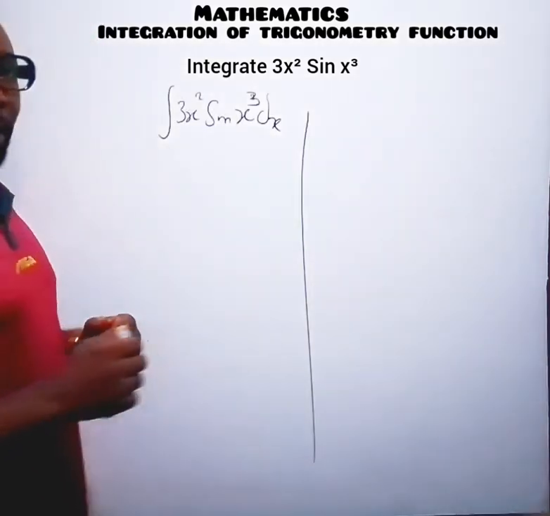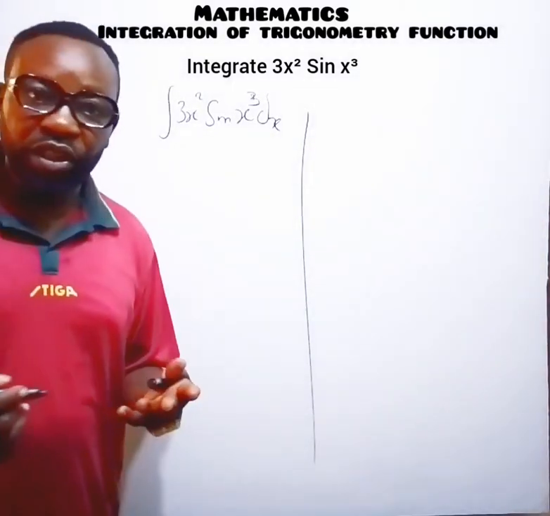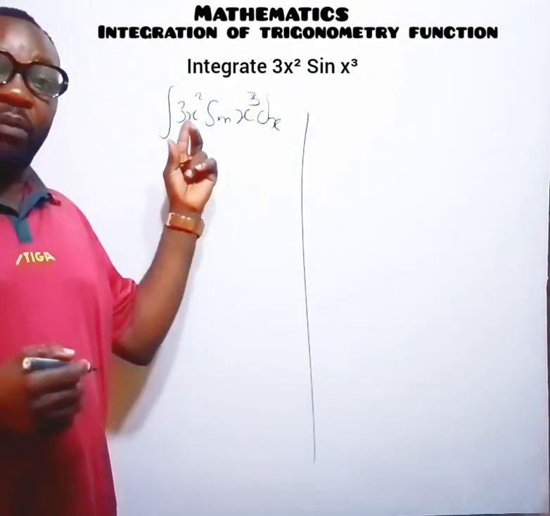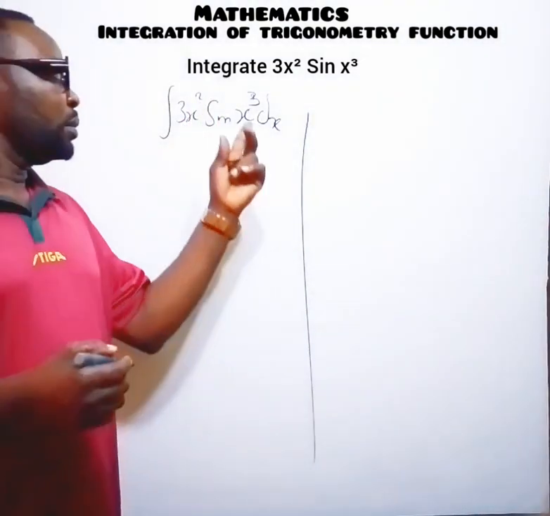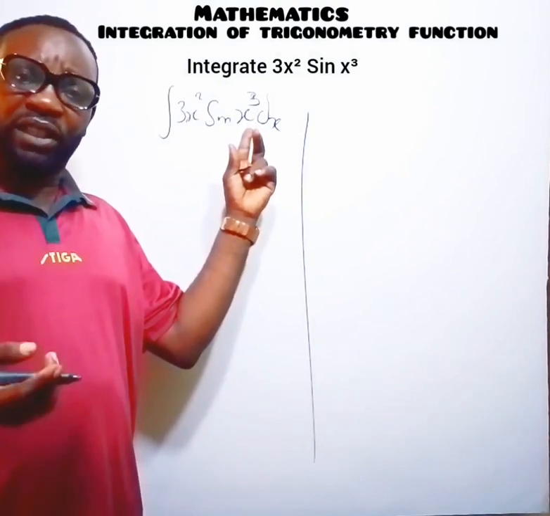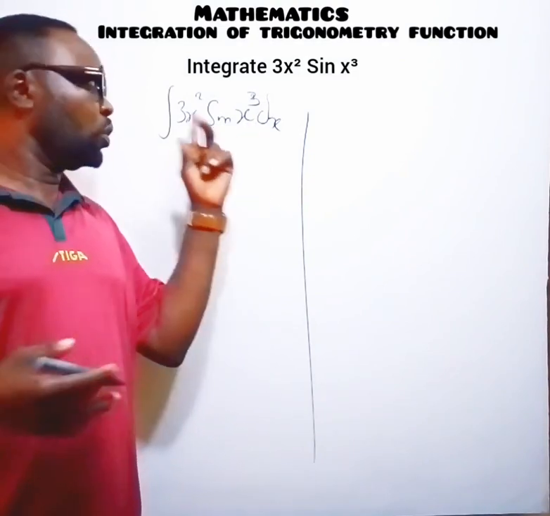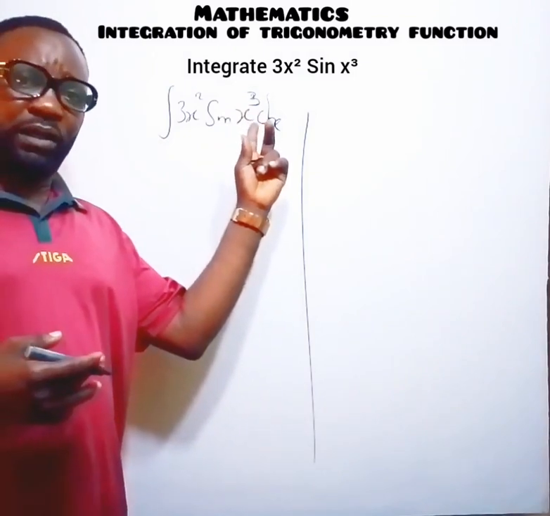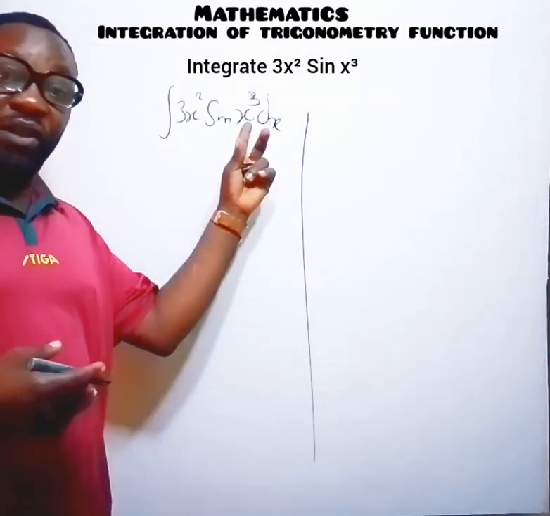Now, which one am I going to try to differentiate here? If I differentiate this, I'm going to have 6x. What if I differentiate x cubed? If I differentiate x cubed, I will have 3x squared. It's related to one another, so I have to differentiate this.